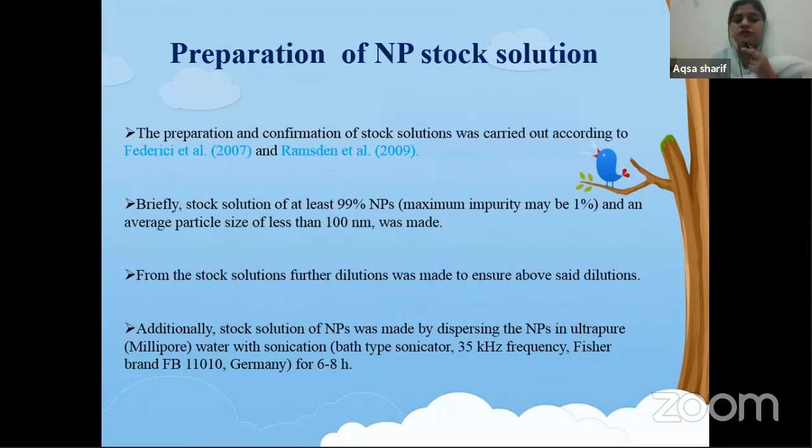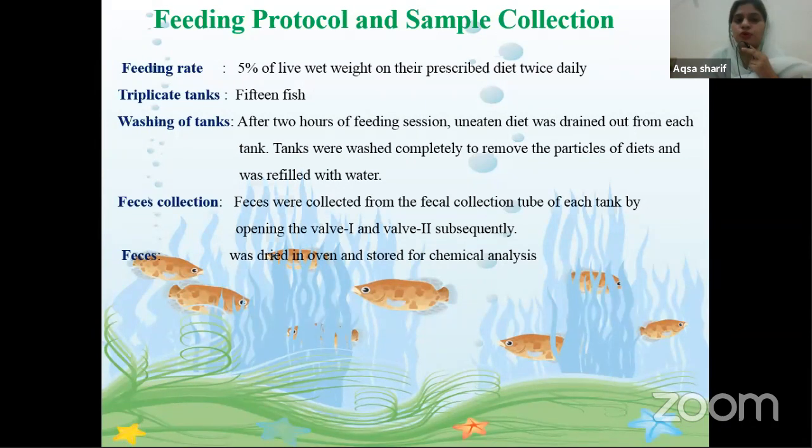From the stock solution, further dilutions were made. Additionally, a stock solution of nanoparticles was made by dispersing the nanoparticles in ultra pure water with sonication for 6 to 8 hours.